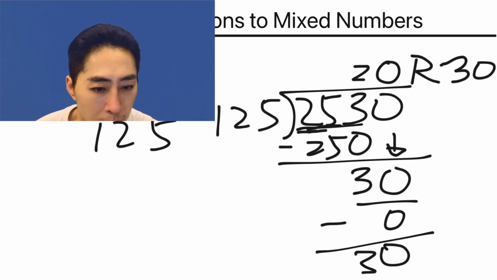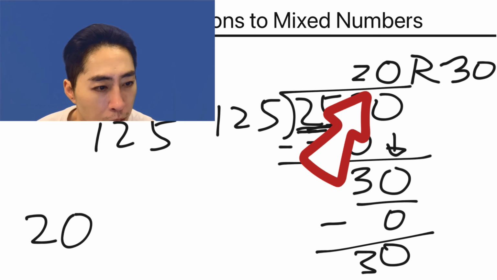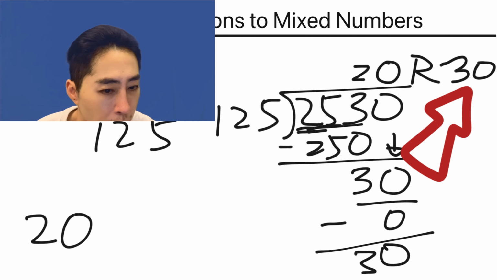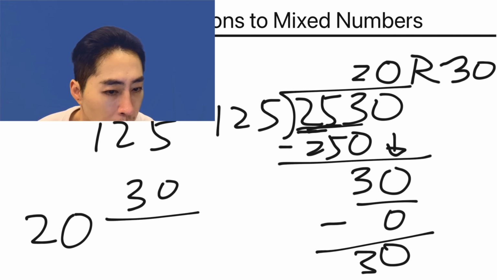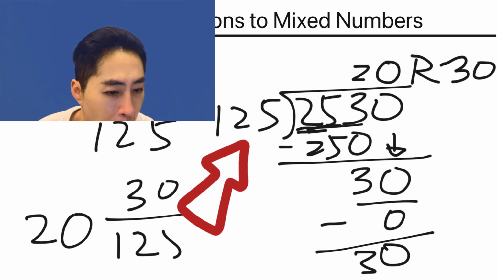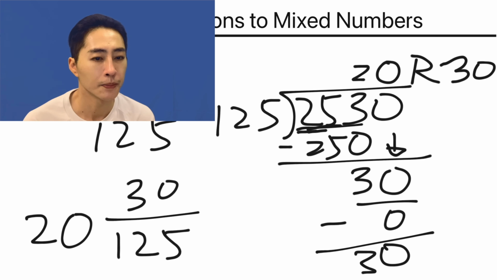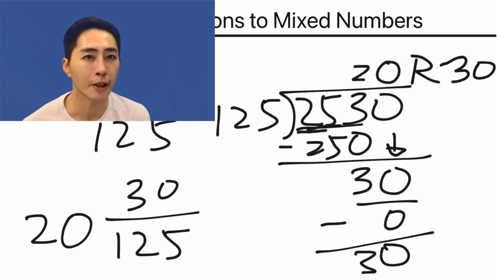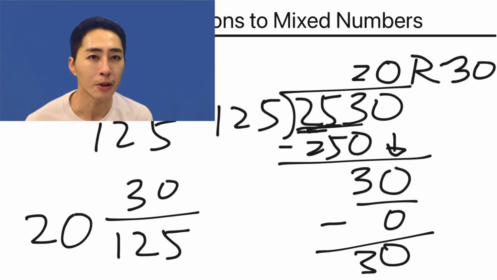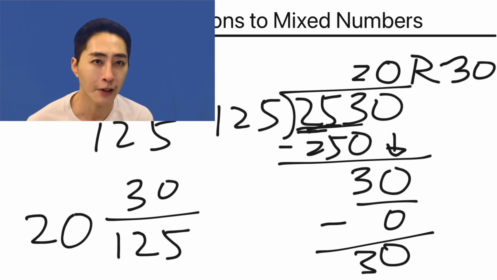And hopefully you wrote 20 as the whole number and 30 in the numerator and 125 as the denominator. And if this is your answer, unfortunately that would be a wrong answer. Because guess what? There's more simplification to be done. 30 and 125, we know both numbers are divisible by 5.